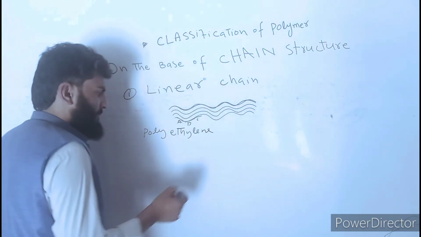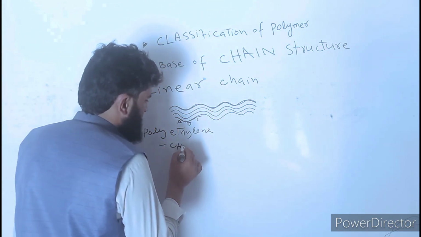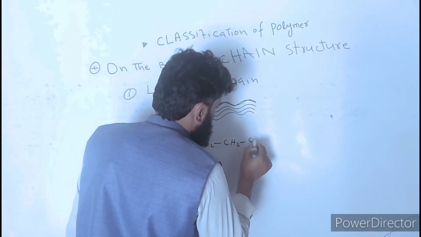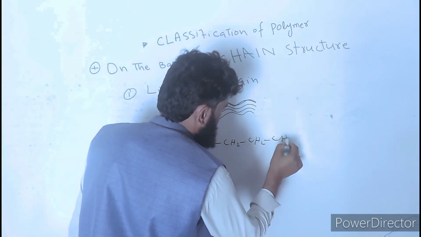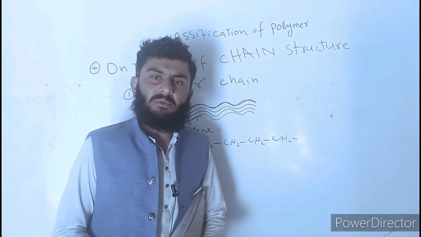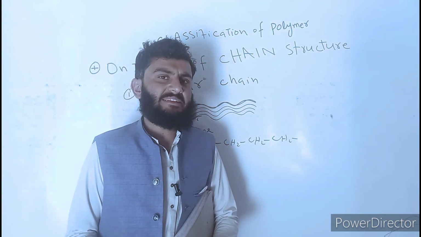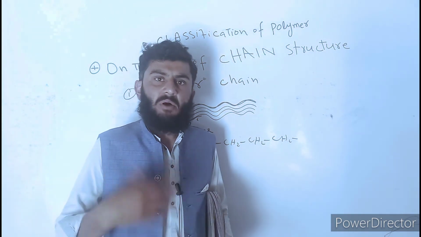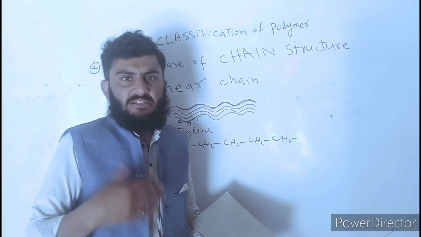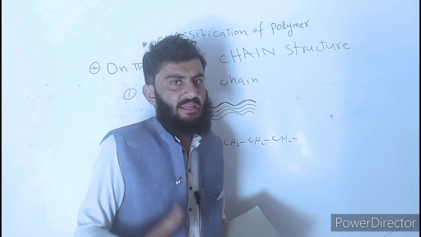The polyethylene chains can arrange with each other linearly. So linear chain polymers are those polymers where the long chains are arranged linearly, just like parallel, clear?